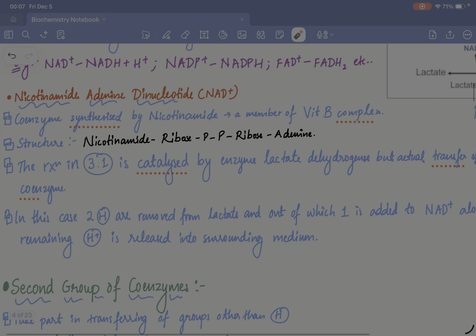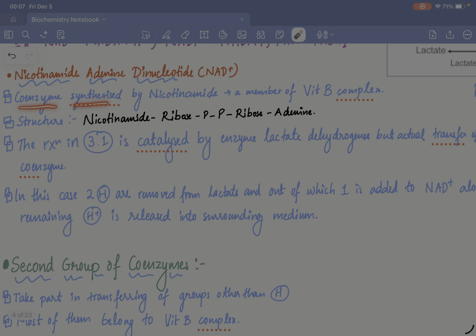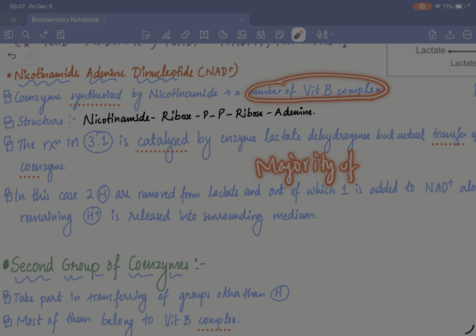Next, let us look into one of the coenzymes belonging to the first group, that is nicotinamide adenine dinucleotide, NAD+. The coenzyme is synthesized from nicotinamide, a member of the vitamin B complex. Majority of coenzymes are vitamin B complex members, okay, remember this.